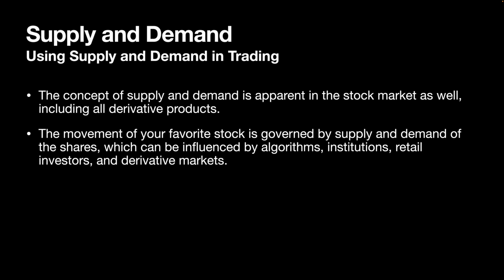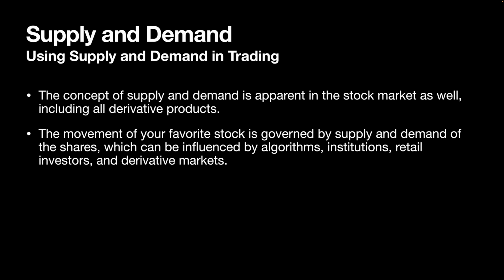The movement of your favorite stock or ETF is governed by that supply and demand, and those shares can be influenced by algos, institutions, retail investors, and the derivative markets like options and futures.